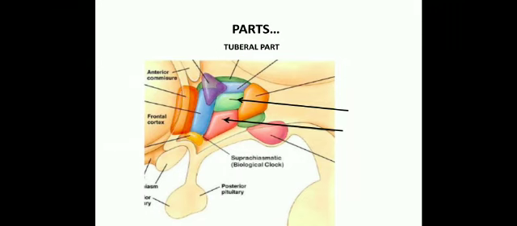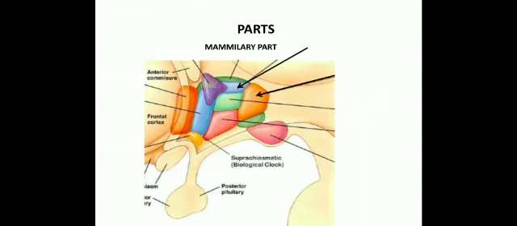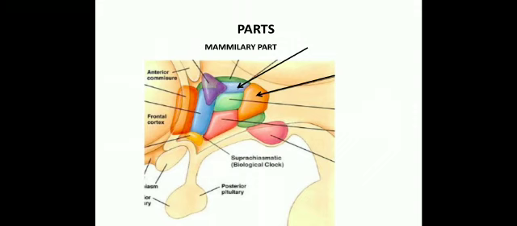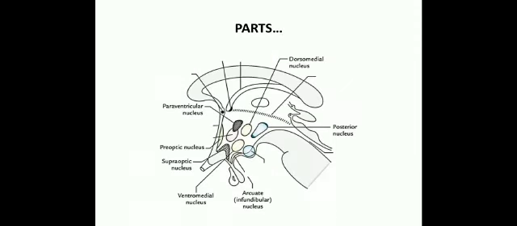In the tuberal part we can observe the dorsomedial nucleus and the ventromedial nucleus. Other nuclei in the tuberal part include the tuberal nucleus lateral to the ventromedial nucleus and also the arcuate nucleus in the floor of the third ventricle. Here we are not able to see those nuclei. In the mammillary part we have the posterior nucleus and the lateral nucleus.